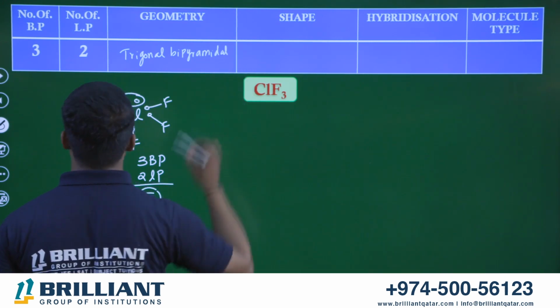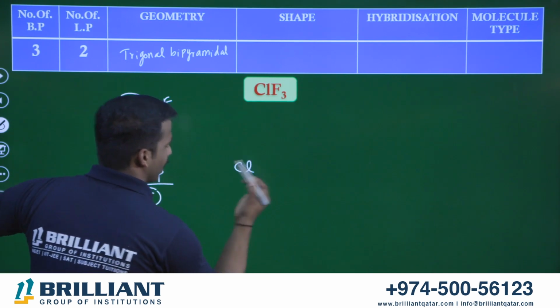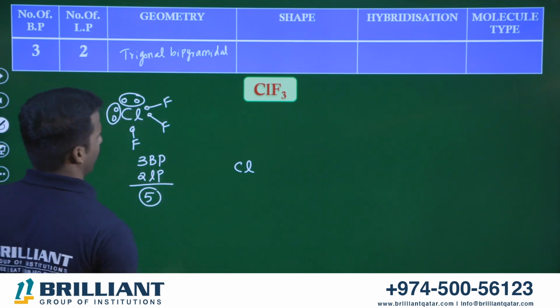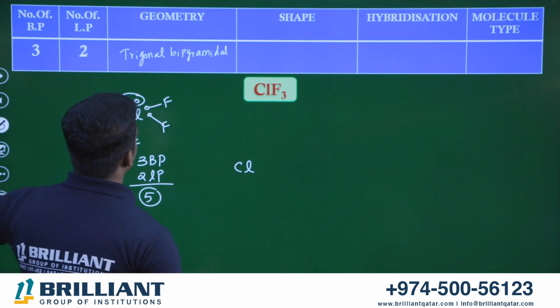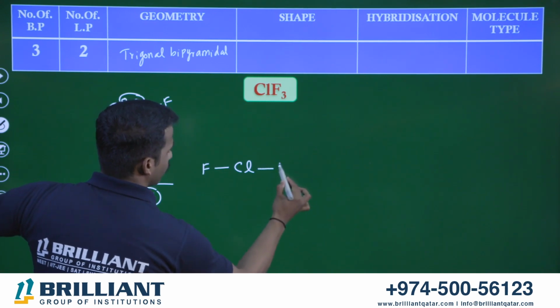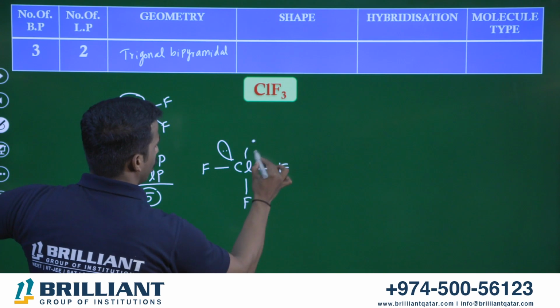Let me draw the shape. Chlorine is the central atom, surrounded by 3 fluorine and 2 lone pair. Let me represent the geometry like fluorine, fluorine, fluorine and 2 lone pair.